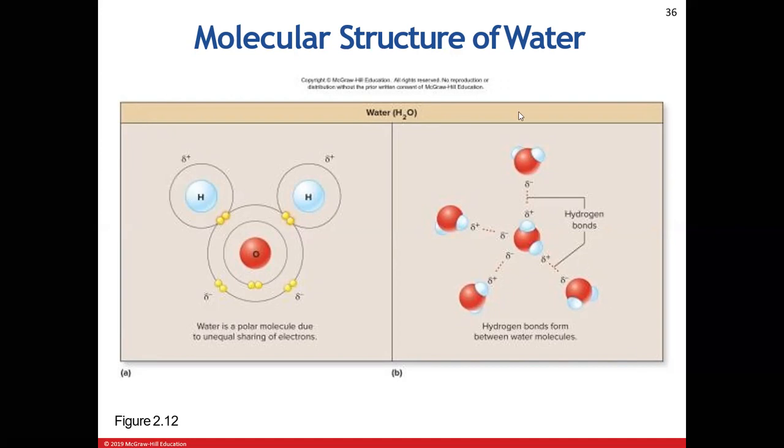But now you get to see how water forms hydrogen bonds between itself, okay? So again, a positive hydrogen with a negative oxygen, a positive hydrogen with a negative oxygen, positive hydrogen, negative oxygen, and a positive hydrogen with a negative oxygen. And this gives us the 4 bonds, the 4 hydrogen bonds between the water molecule.